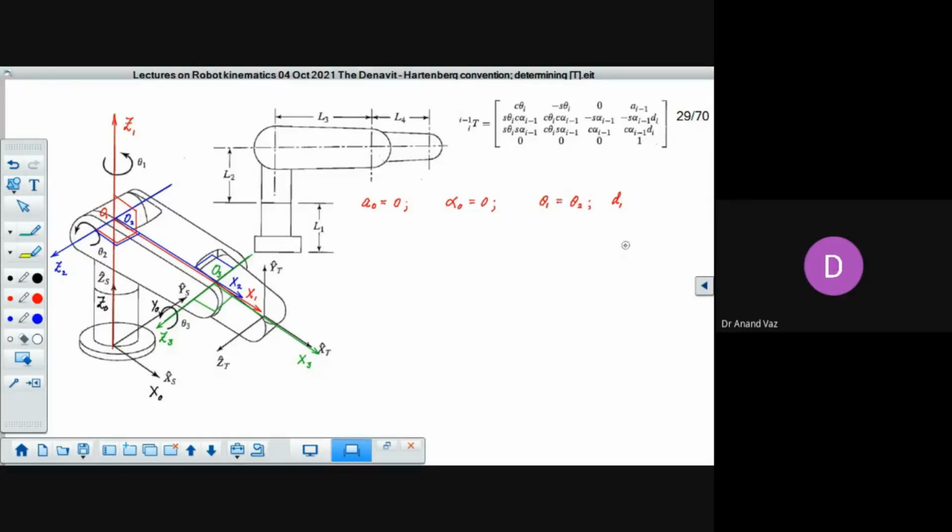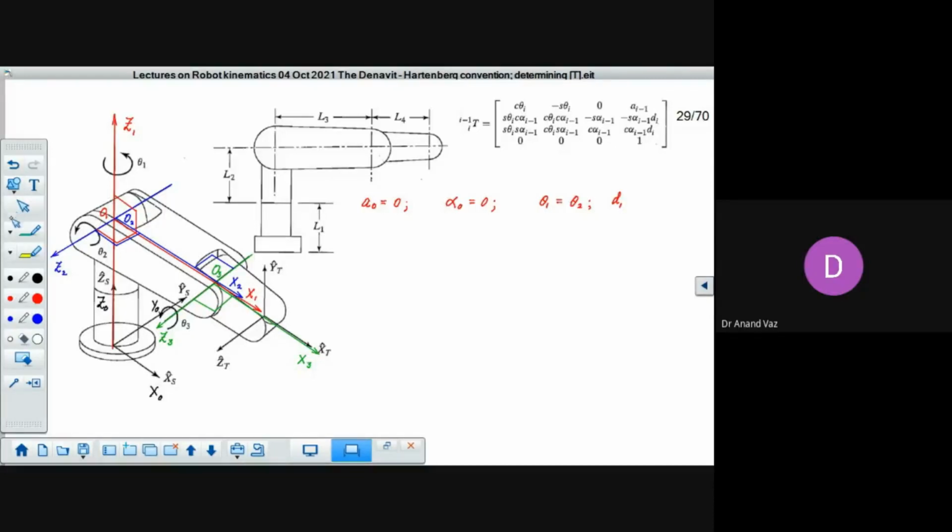And d1 is a joint offset corresponding to joint 1. So we have the joint 1 here. It's the offset that you measure from x0 towards x1, along the z axis, z1, because it's corresponding to the joint z1.